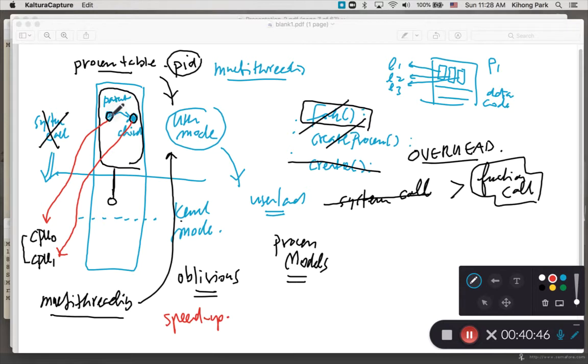Because this guy runs at the same time as this guy, you will be able to run them faster together than if you had to run this guy first, then this guy, then this guy. Obviously, that's called speed up. Speed up is typically not by a factor of 2 because you are now running them on 2 CPUs.